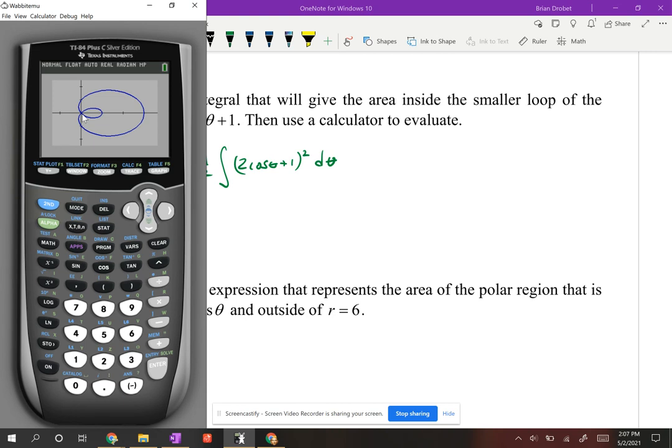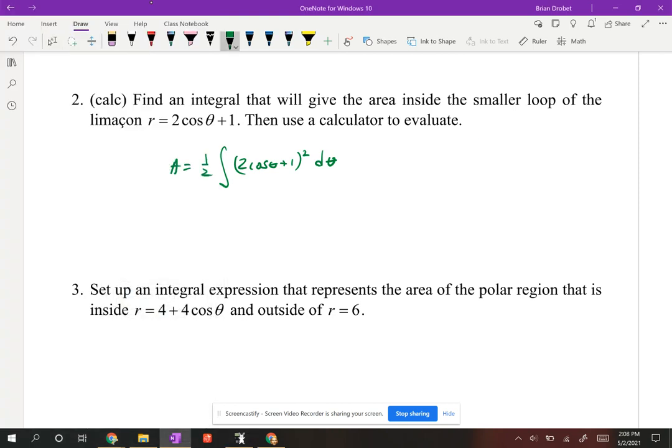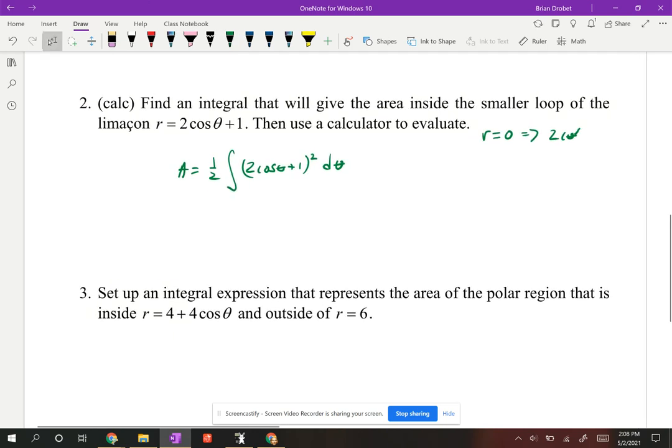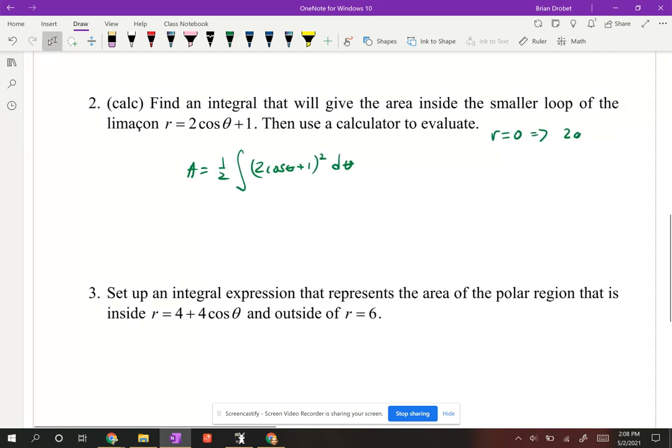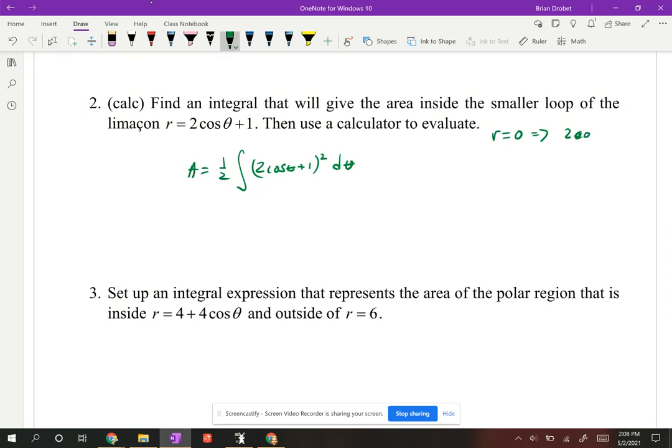In other words, they happen when r is equal to 0. So I'm going to work this out by hand right here just to show you how I can do that. If I set r equal to 0, I will be able to find the values of theta that take the graph to the pole, to the origin.